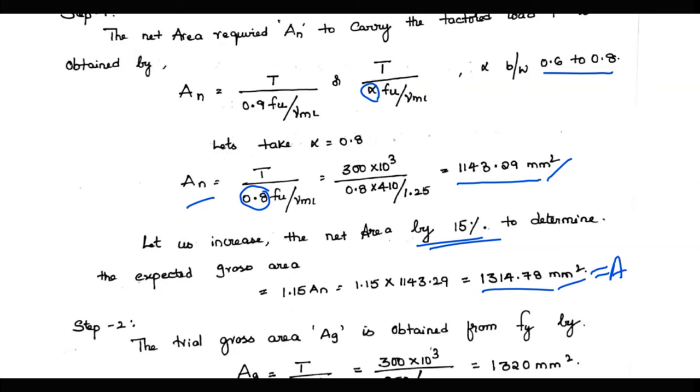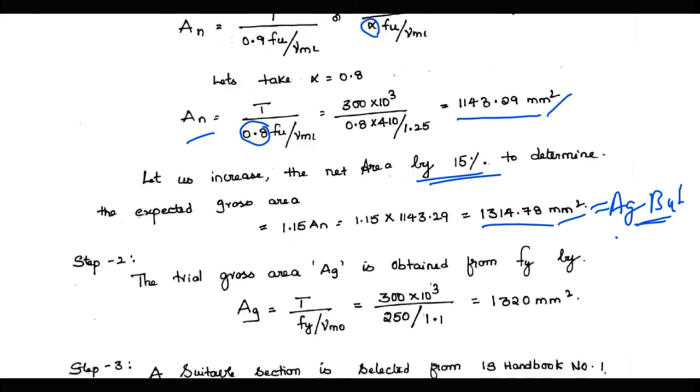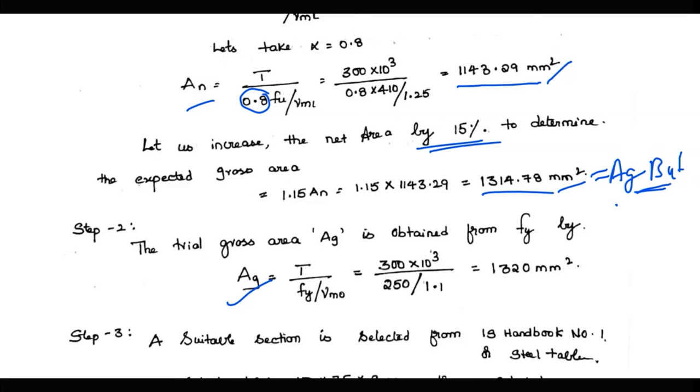This is nothing but the gross area. But this gross area can also be obtained by this expression, as we have seen in the design procedure. A is equal to T by Fy by gamma m0, and we got 1320 mm square as the value. Of course, almost the same, so don't worry about that.